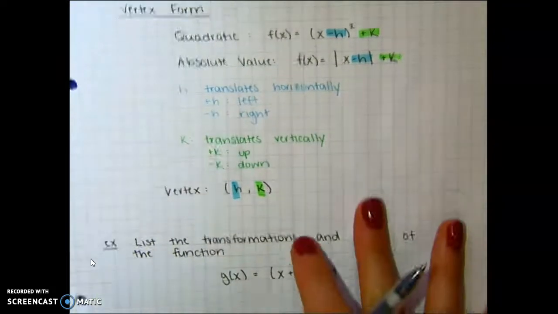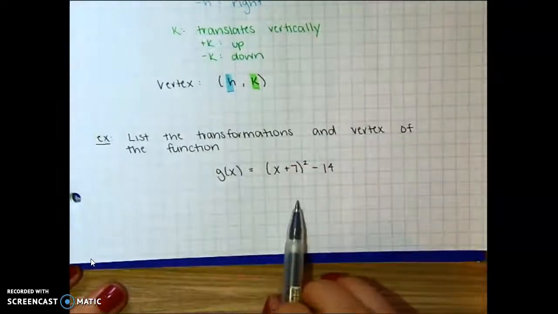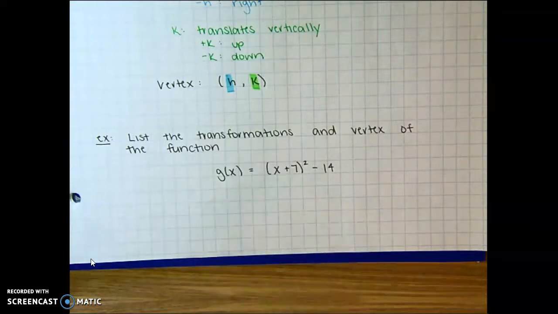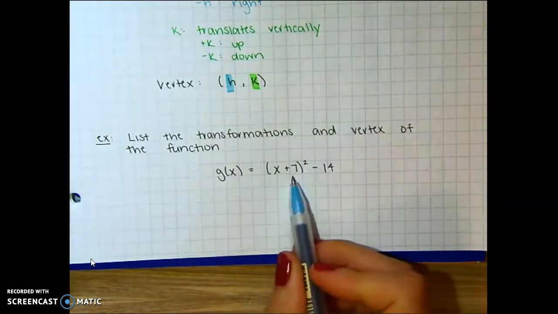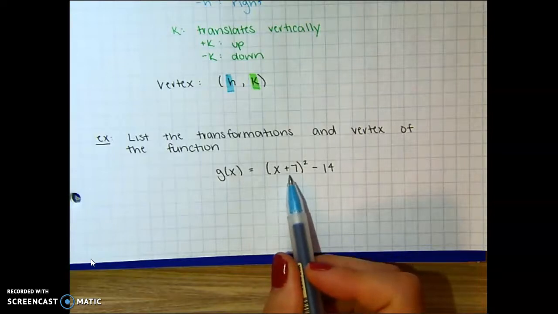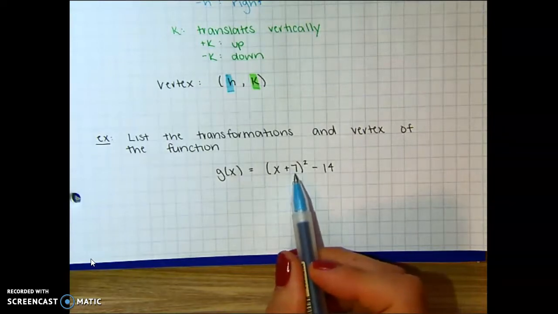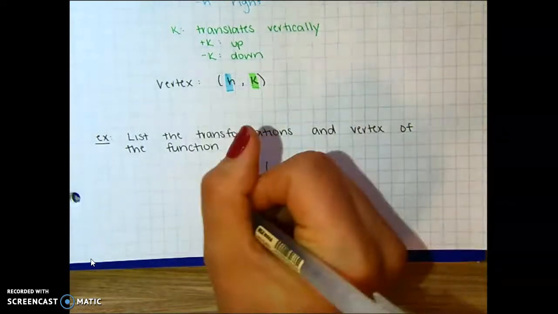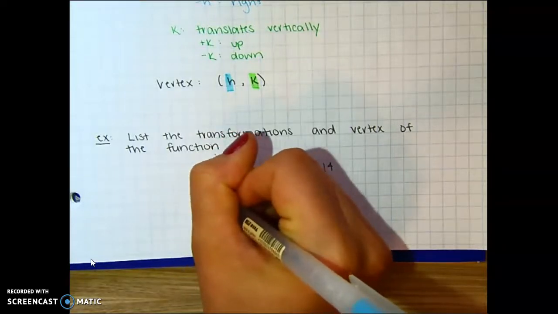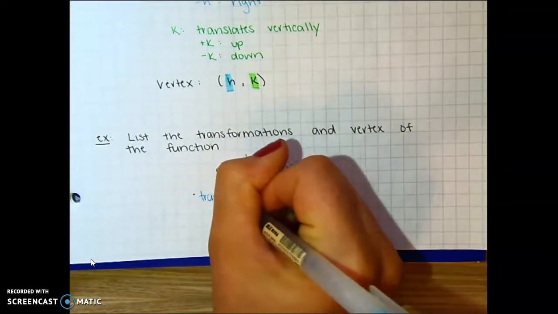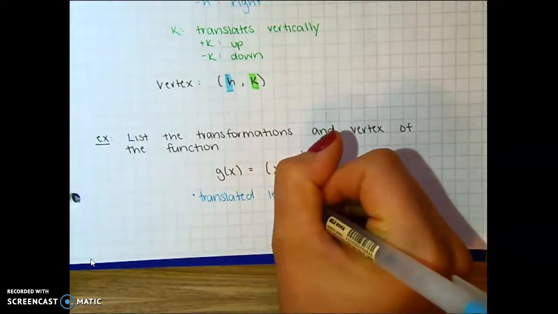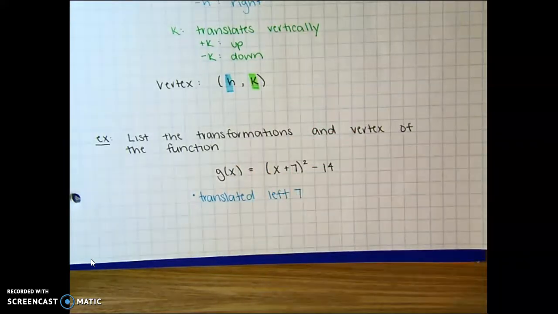Okay. So transformations, we look inside and on the outside. So this plus 7, hopefully you're thinking, well, that is a translation and it's horizontal. And because it's plus 7, that means we're going left. So one transformation is translate. This is translated left 7.